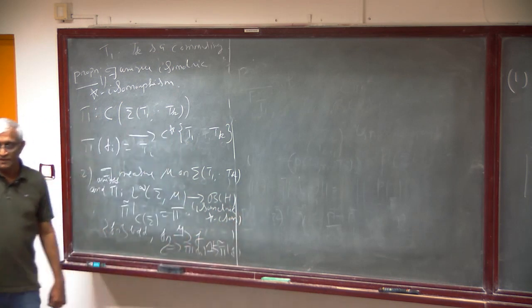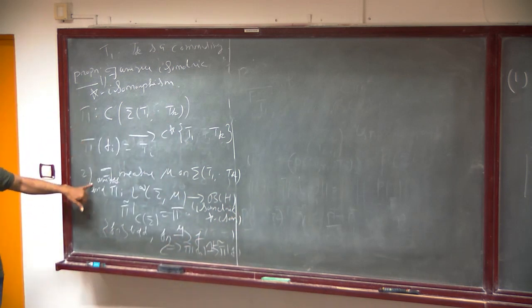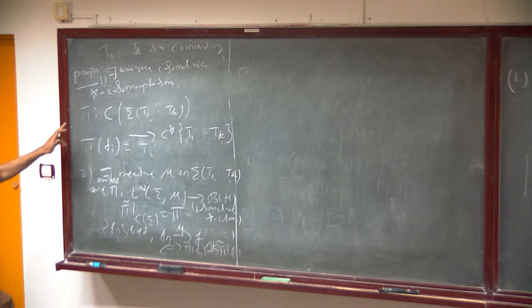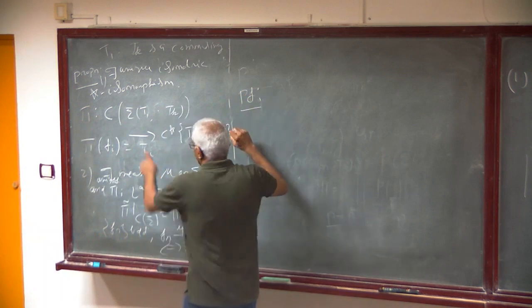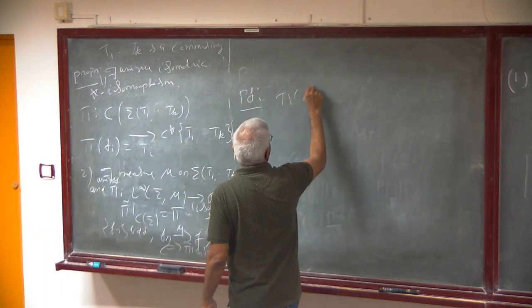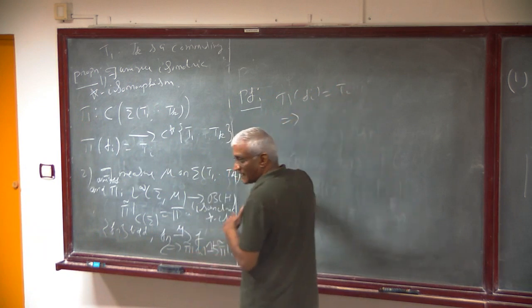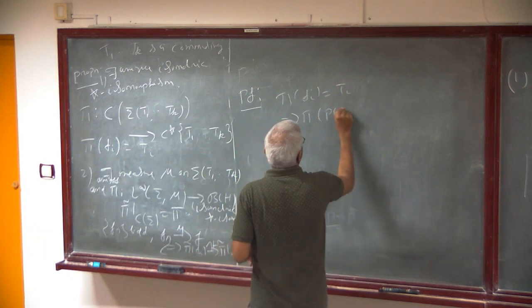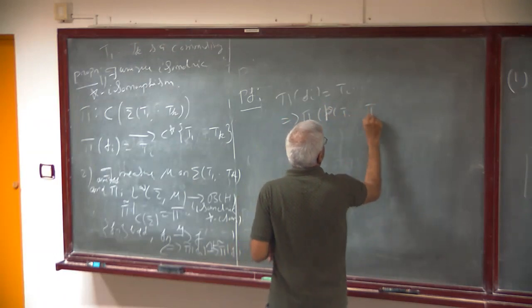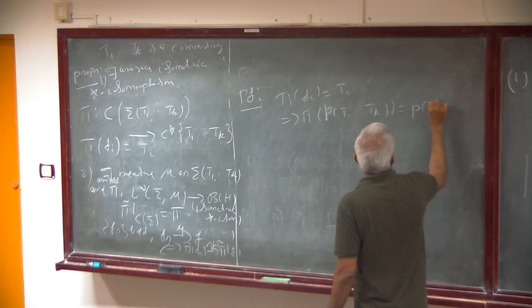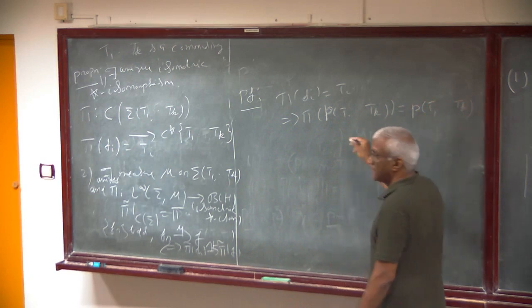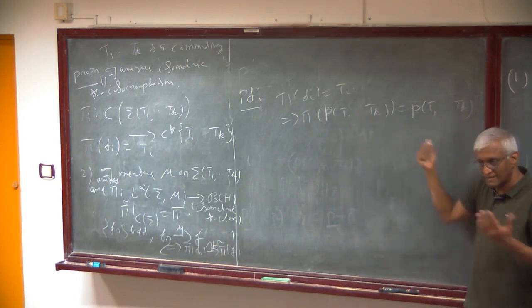Because we have proved this extension pi and pi tilde for a general C of X. So first you have this representation. Now the proof is clear. You define pi of f_i equal to T_i. This implies by the algebraic structure that pi of P is P of T1 up to Tk, where P is a polynomial.